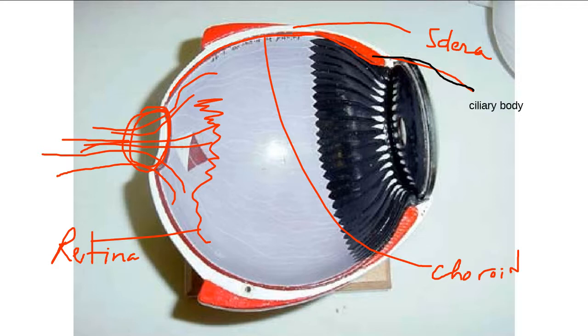You really can't see it, but the ciliary body has these little ligaments attached to it. I'm going to go draw these. That ligament is known as the suspensory ligament.